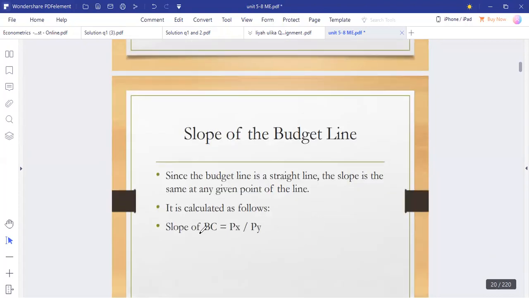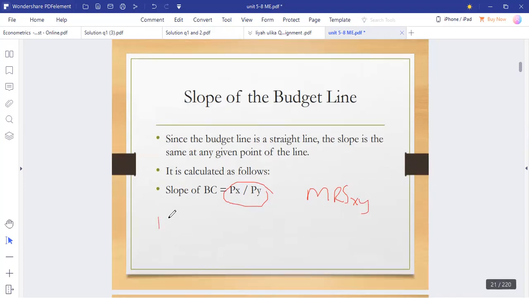So the slope of the budget line is the same as the marginal rate of substitution of x for y. It is given by the price of x over the price of y. So Mr. Banda, we said, had 100 kwacha as his budget. 10 kwacha was for good x, and 40 kwacha was for good y.